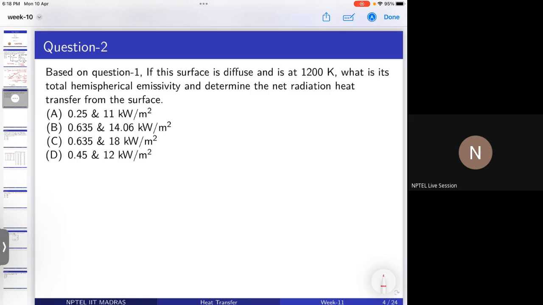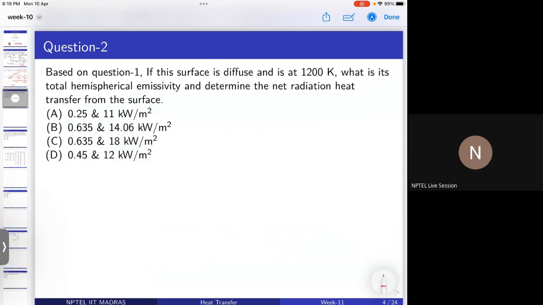So can you try, or should I start solving? Sir, if the surface is diffuse, then emissivity should be 1 because it is a black body, isn't it?